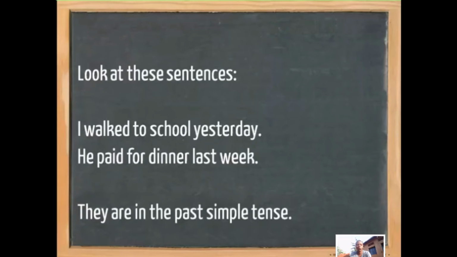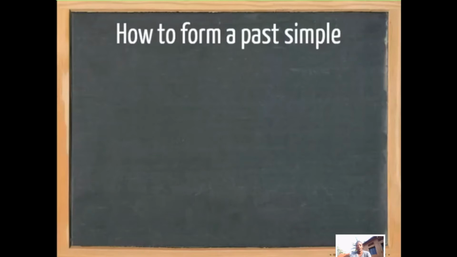As we check all the verbs, like walked, and here we have paid, all these verbs are in the past simple tense. So you can ask yourself how we form past simple.